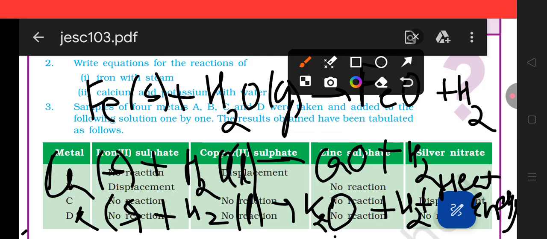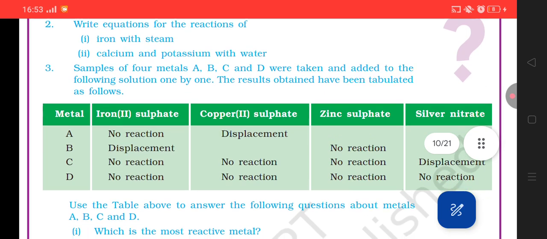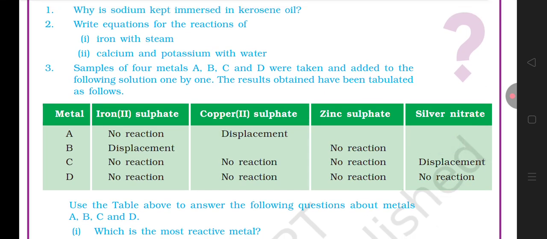Okay, dear students. So now the next question is: samples of four metals A, B, C and D were taken and added to the following solutions one by one. The results obtained have been tabulated as follows. So metal A, iron sulfate, when we are taking iron second sulfate, there is no reaction. And copper second sulfate, when we are taking it, there is a displacement reaction.